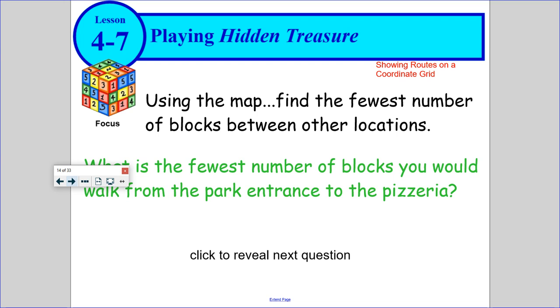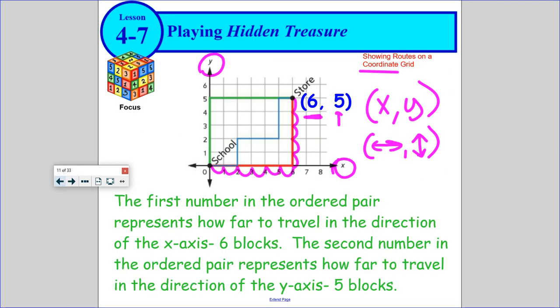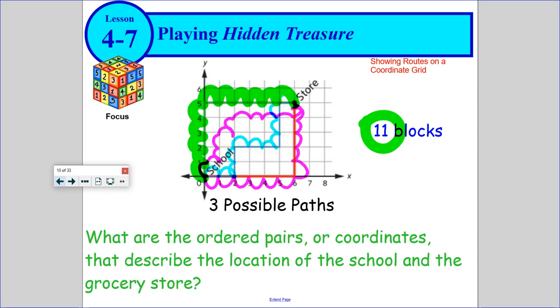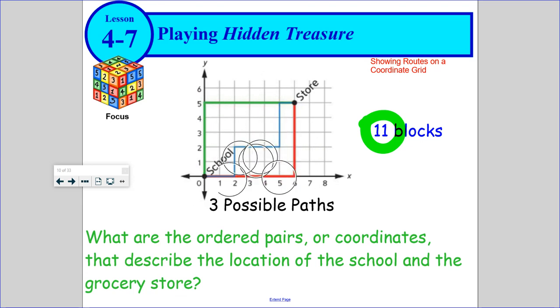So again, using the map, find the fewest number of blocks between other locations. Use that map to look at. I'll go back to it here for you. We'll erase these things. I can type them. Okay?